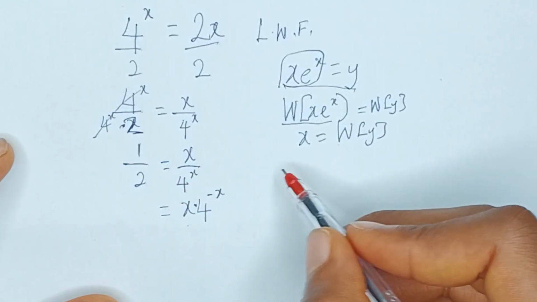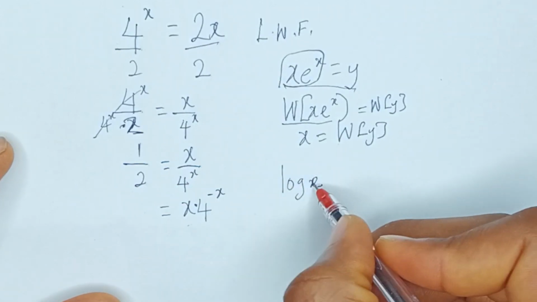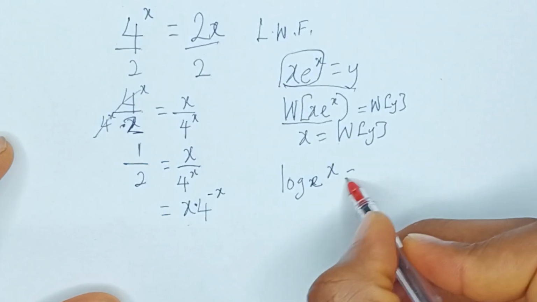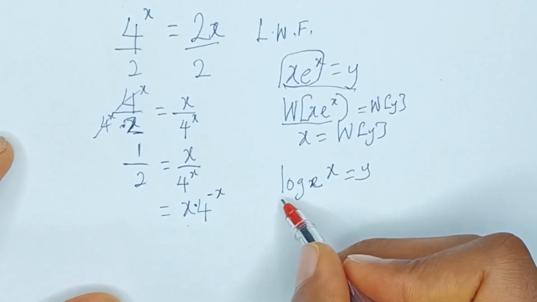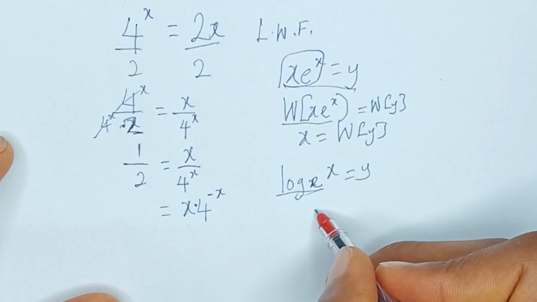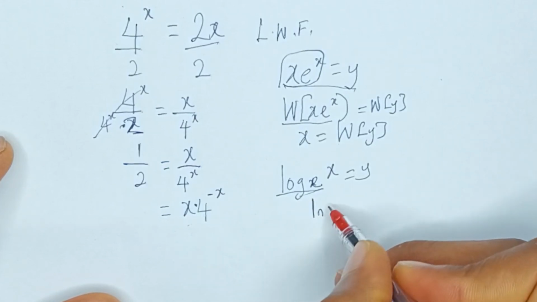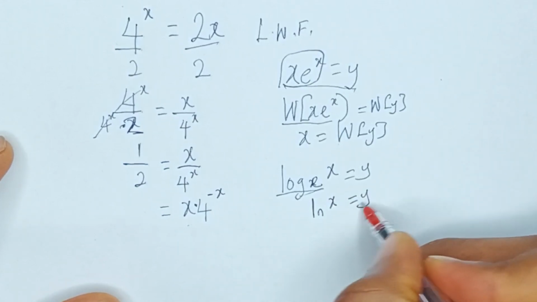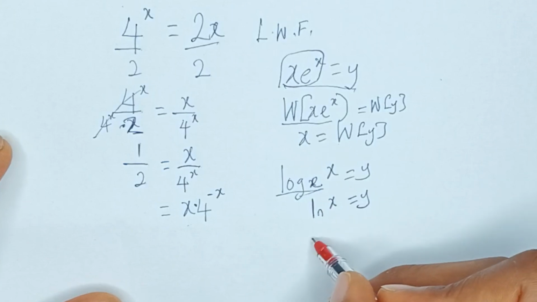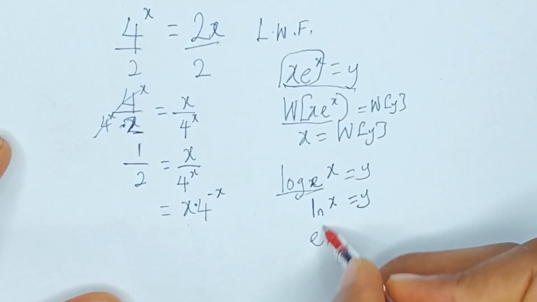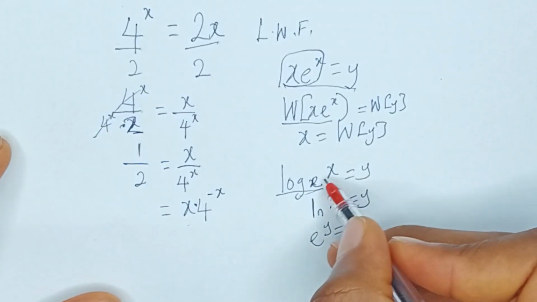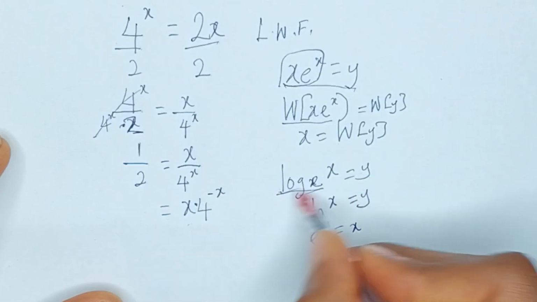let me show you something quickly. If we have log in base e of x is equal to y, now this log of e can be rewritten as ln of x is equal to y. However, this means that e raised to power y is equal to x. But then what is y? Y is this, okay?